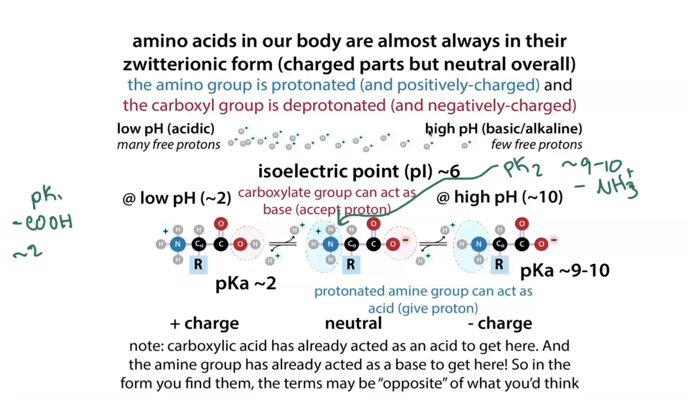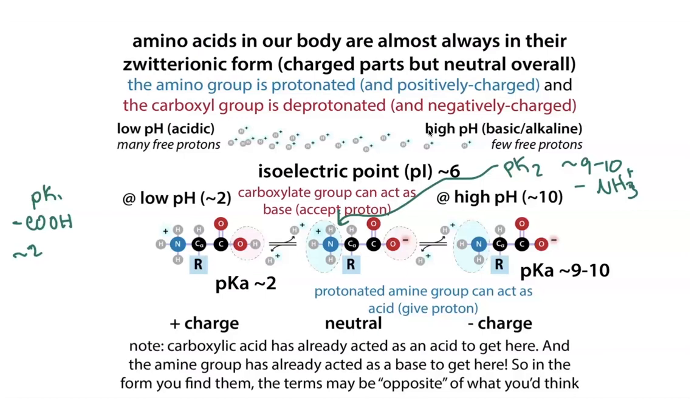And well, what did we say before? We said if something was a stronger acid, we're more likely to find it in its conjugate base form because it wants to act as an acid. And so once it acts as an acid, it's in its conjugate base form. So for our carboxylic acid group, we're going to typically find it in its deprotonated state, in its conjugate base state.